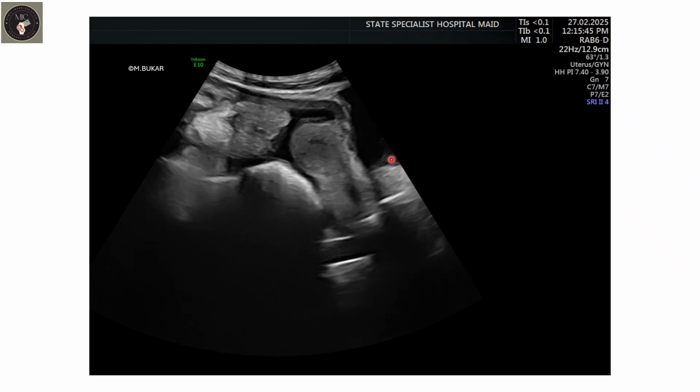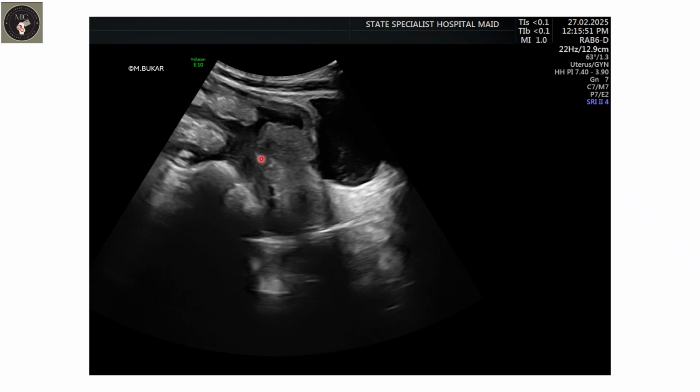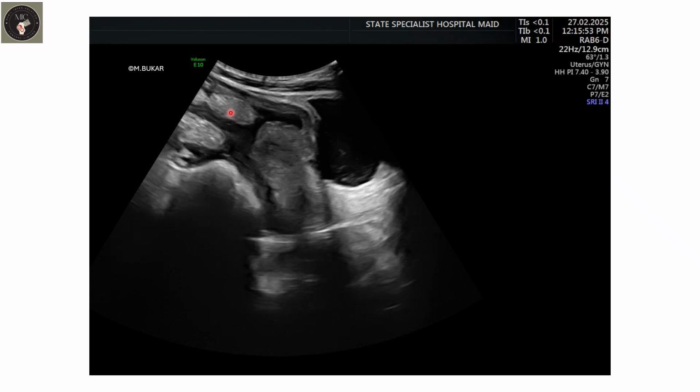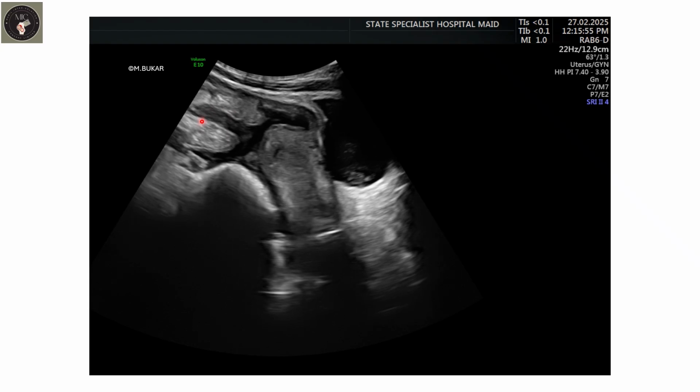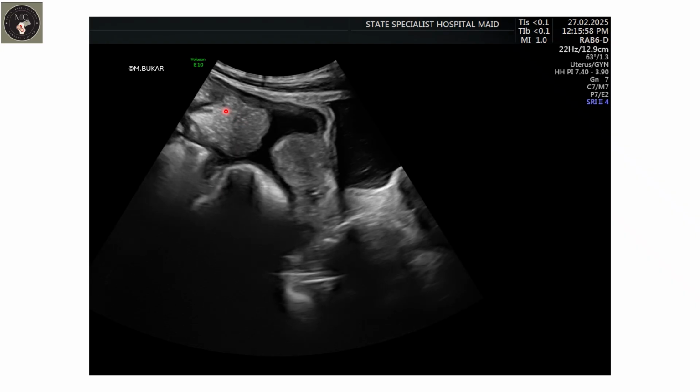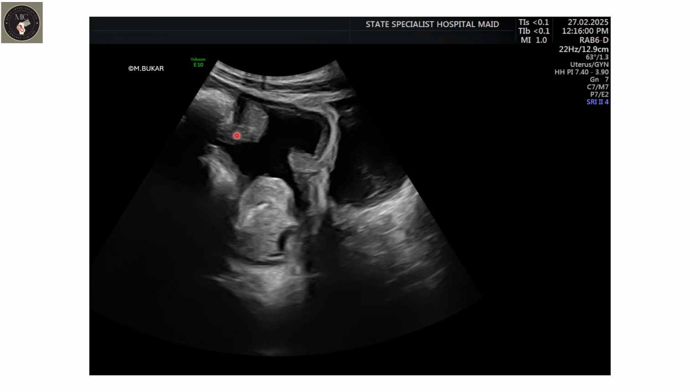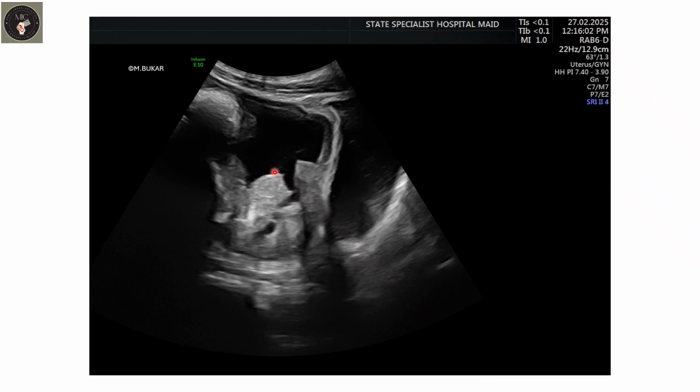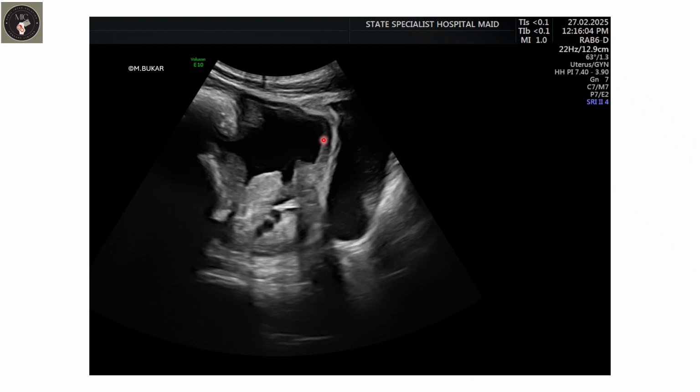So here is the bladder, the uterus. You can see the ascites here, and note the appearance of this bowel here. Note the peritoneum here is thickened.